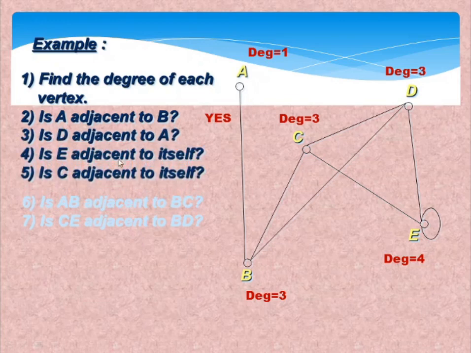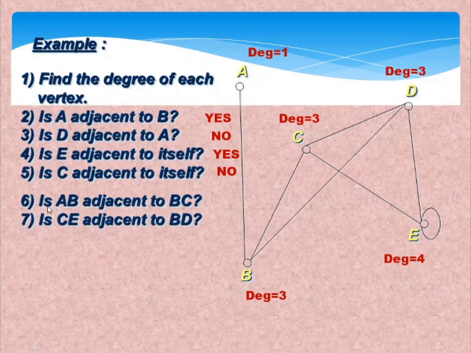Similarly, is D adjacent to A? Is there any edge between D and A? You will say no, right? Is E adjacent to itself? Yes, because it is a loop. Now, is C adjacent to itself? No, because there is no loop.